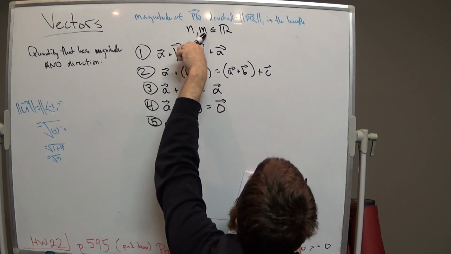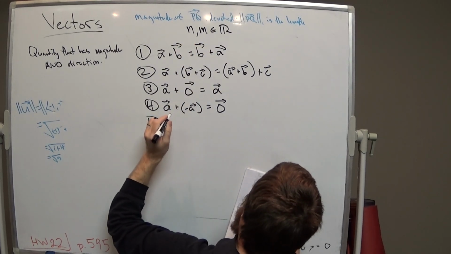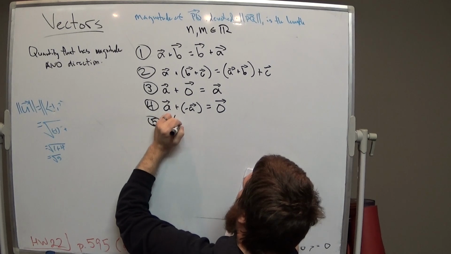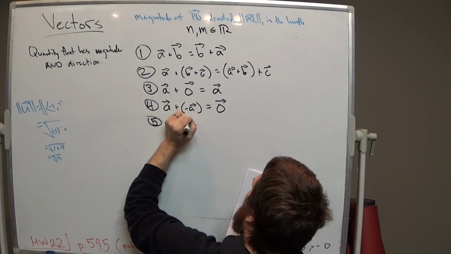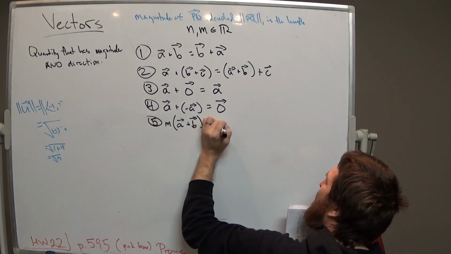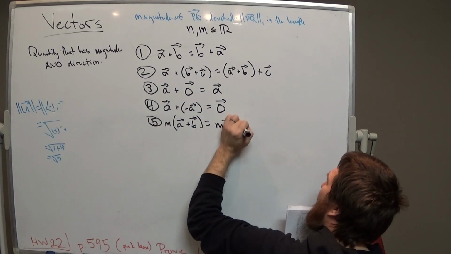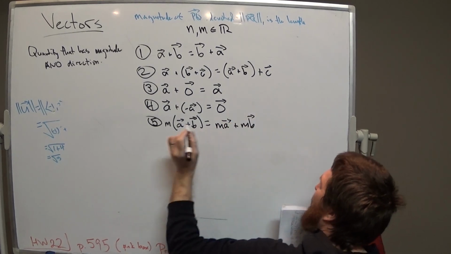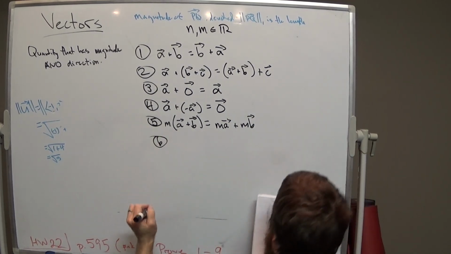5. M, which we know is a scalar, times A plus B is equal to, any guesses? MA plus MB. Yeah. And you will prove that. 6.